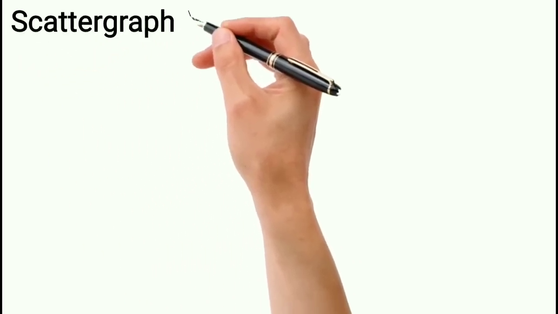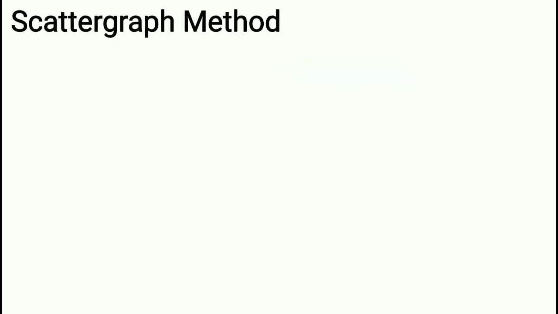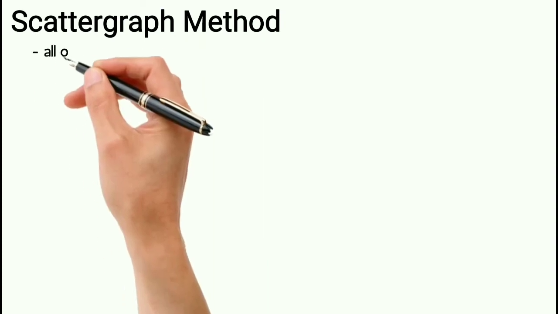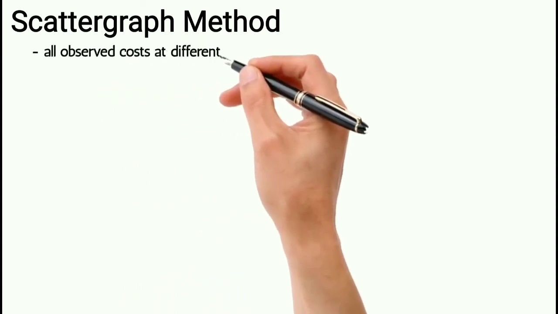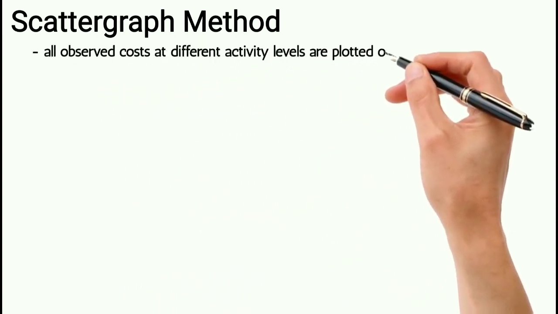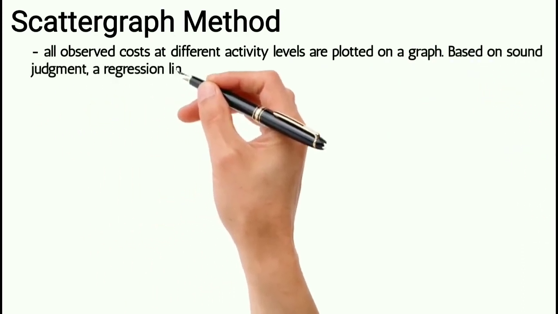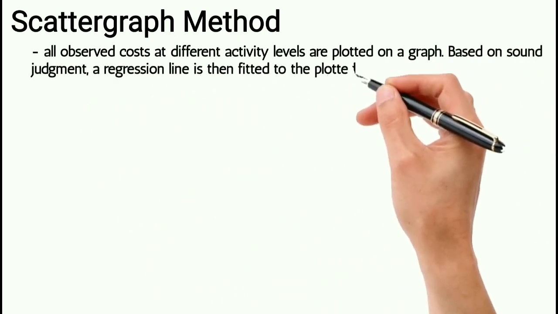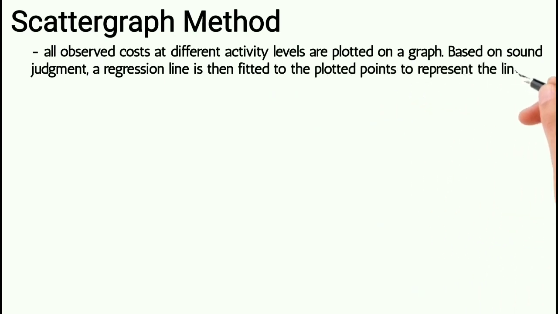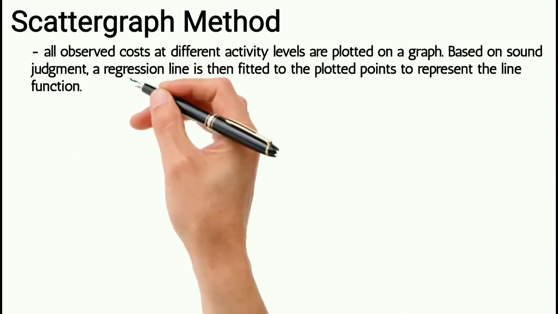The third cost segregation technique is Scattergraph Method. In this method, all observed costs at different activity levels are plotted on a graph. Based on sound judgment, a regression line is then fitted to the plotted points to represent the line function. Actually, ito yung itsura ng scattergraph.